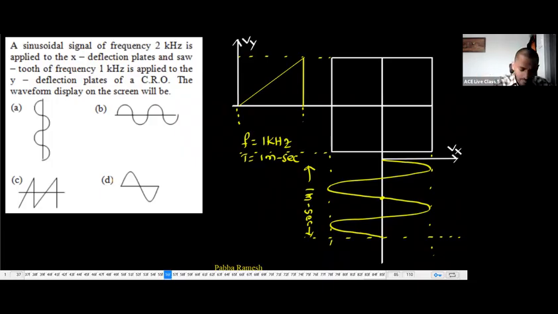Right, sir. What is this time? 0. This time is 0.25. This time is 0.5. This is 0.75. Of course, milli. And this is 1 milli. Okay. Here also 0.5 milli, 0.75 milli, 0.25 milli, 1 milli, like this.